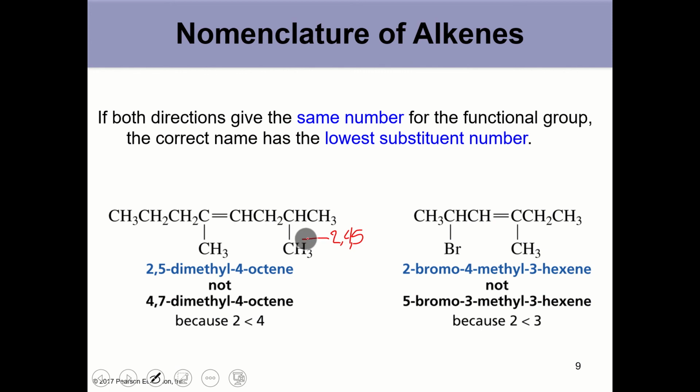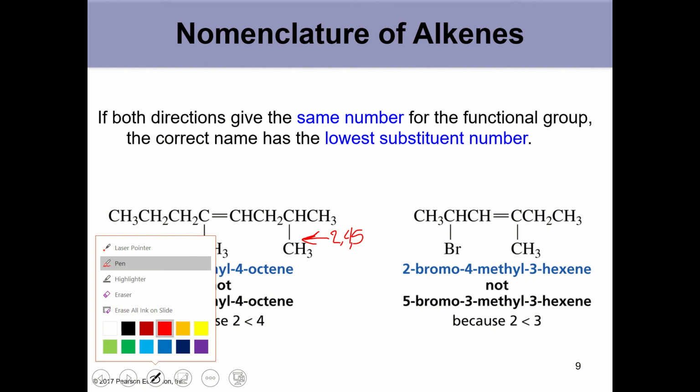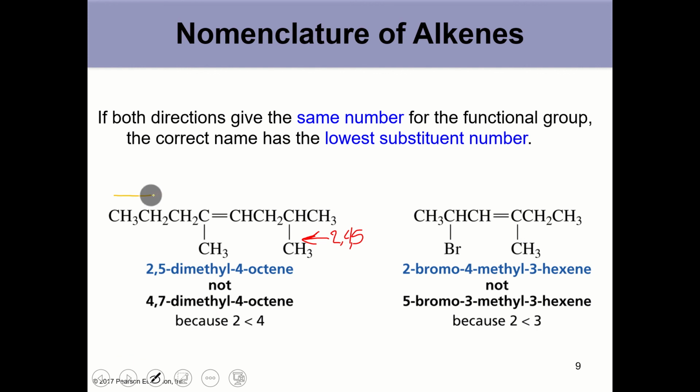And that's what I get as I number towards the left. If I were to number from right to left, my substituents would say 4-methyl, 4-ene, and 7-methyl.